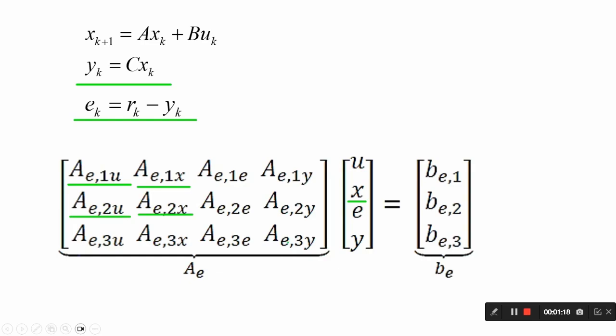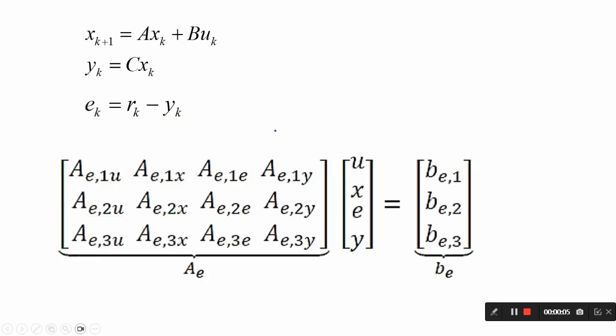Now our goal is to find each of the sub-matrices of this matrix AE. Since we have 3 equality constraints, let's divide BE also into 3 parts: from the first equality constraint, from the second equality constraint, and finally from the third or the last equality constraint.